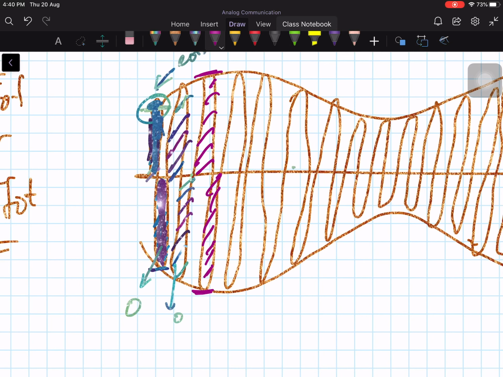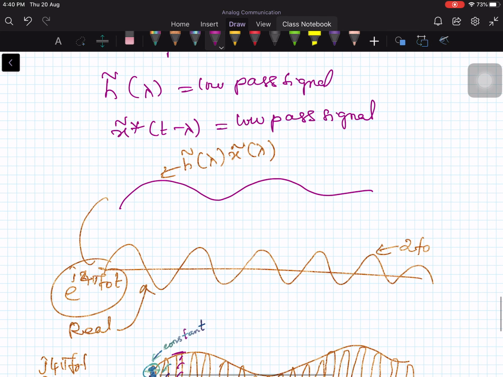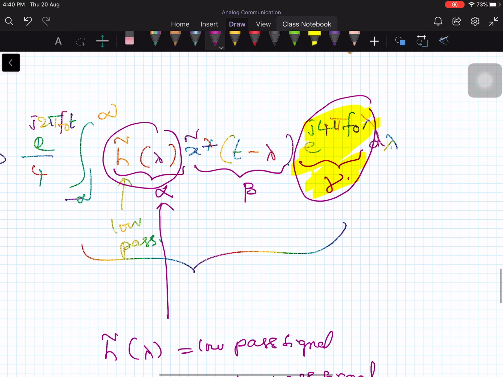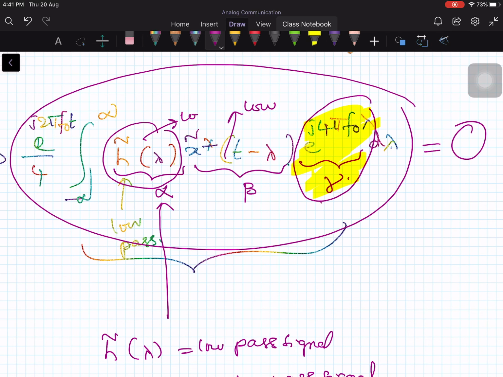So integrate half cycle by half cycle, and the same argument can be repeated, and it boils down to saying that this integral leads to 0, because you have a low pass signal multiplied by a high frequency carrier, a complex exponential. Therefore that integral will lead to a 0 value.